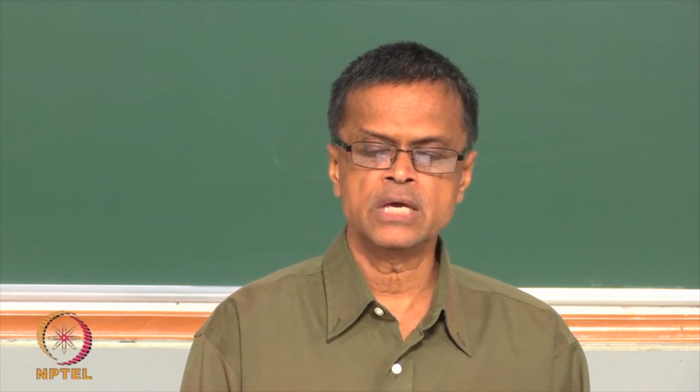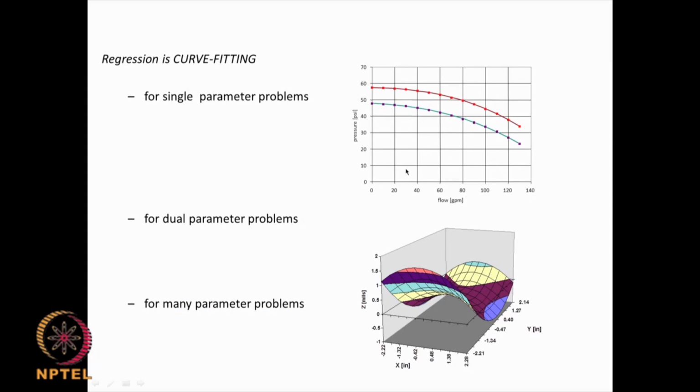But if I am having a very simple single parameter or a 2 parameter model, I can even visually plot them and say yes this model looks good, okay. But for larger systems it becomes more difficult, you will not be able to tell unless you actually calculate the error sum of squares, okay.